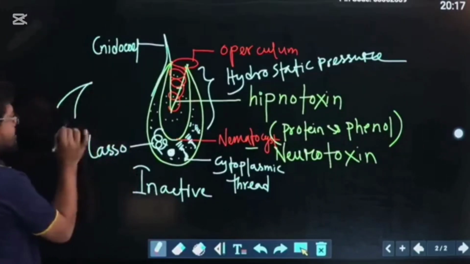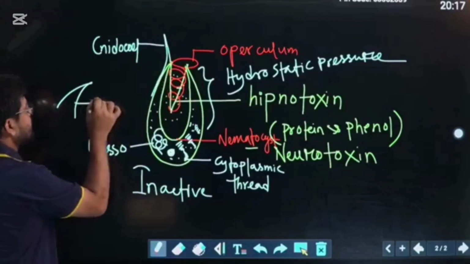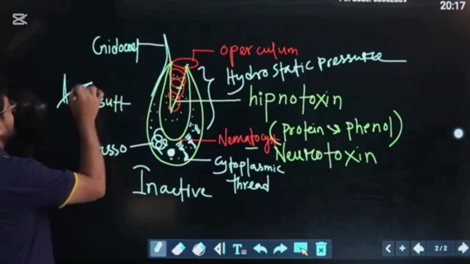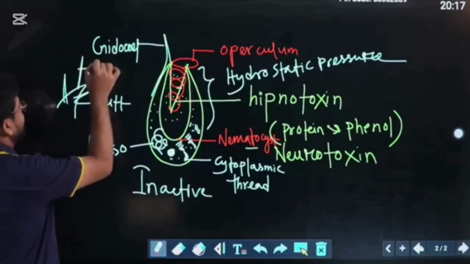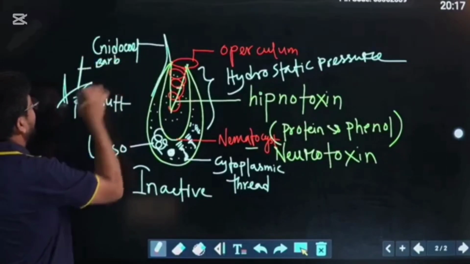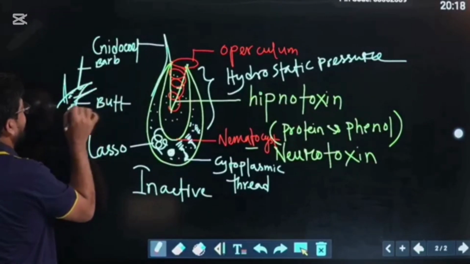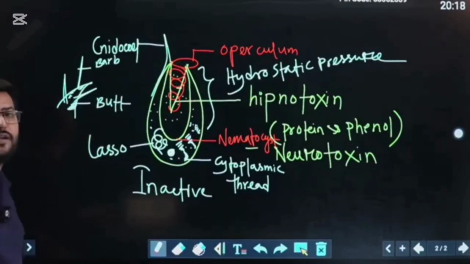The structure, how it appeared, I am showing here. This is the bud, and the bud contains 3 long spines. There are a lot of very small spines arranged in 3 rows.